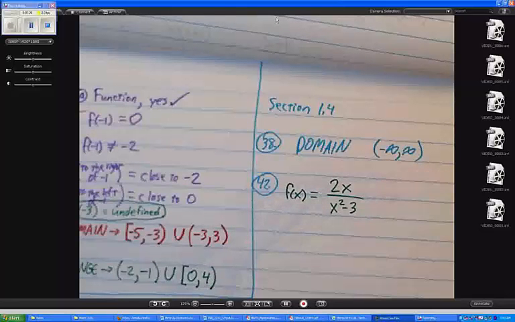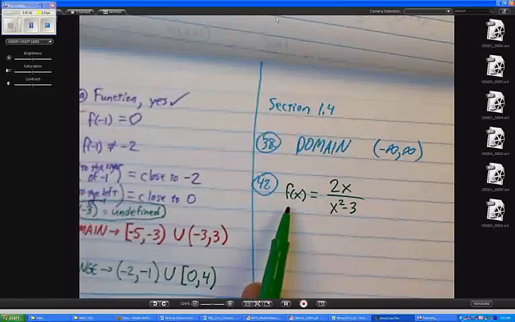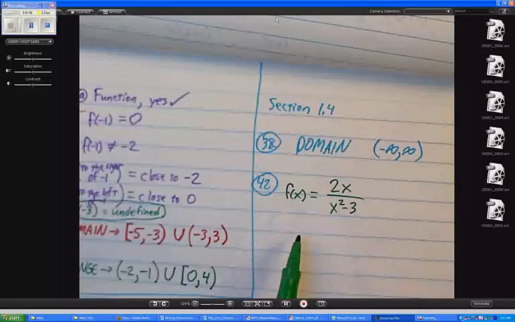All right? Now, when I do these problems, I'm trying to find the domain. I want you to expect that most numbers are in the domain of a function. Could I put a 0 in for x? Sure. Could I put a 1 in for x? Sure. The only time I'm going to be in trouble with this kind of function, by the way, this is called a rational function, or if you don't like that name yet, it's a big fraction, right?